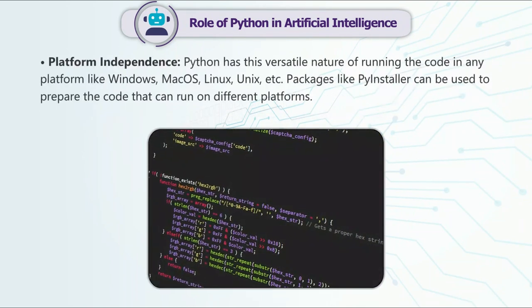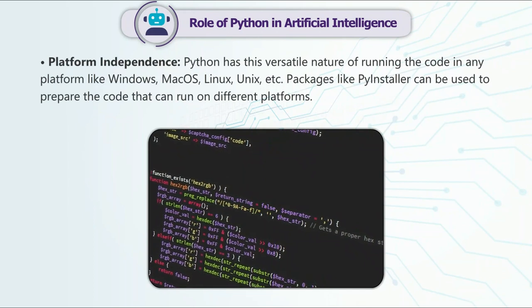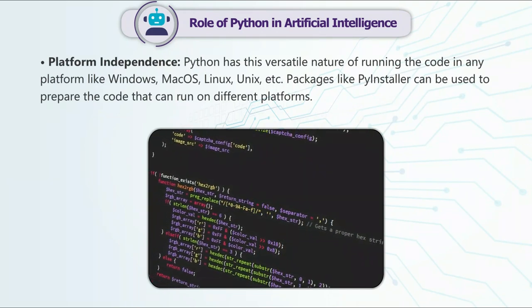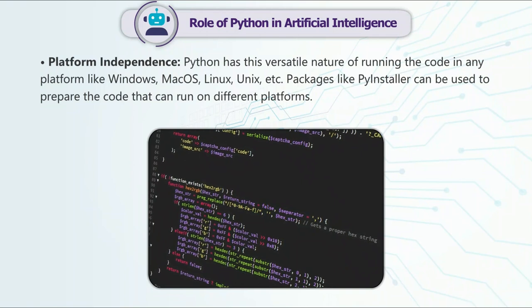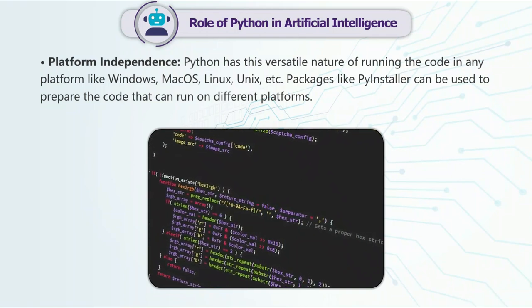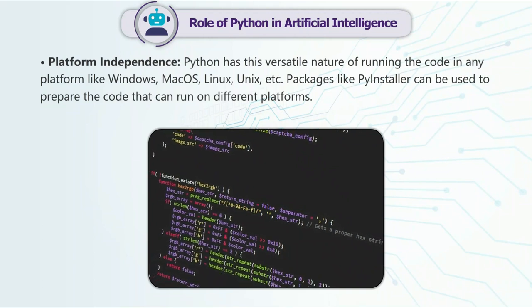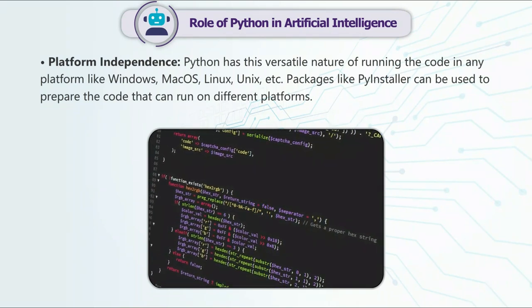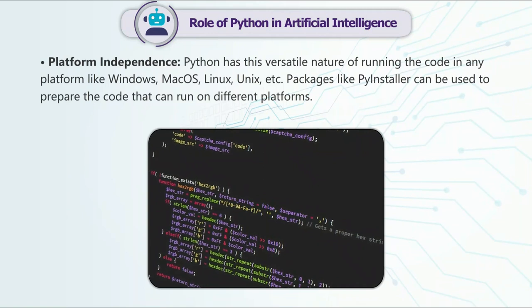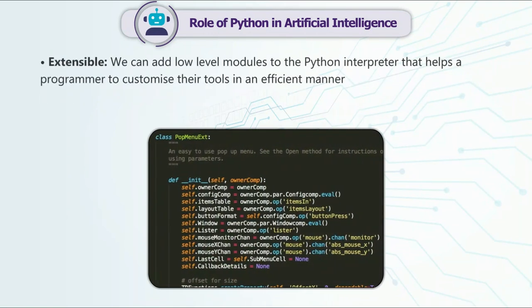Platform independence. Python has this versatile nature of running the code in any platform, like Windows, Mac OS, Linux, Unix, etc. Packages like PyInstaller can be used to prepare the code that can run on different platforms. Extensible.